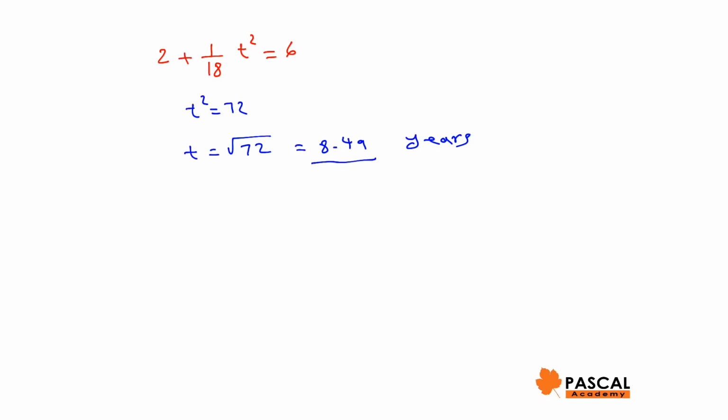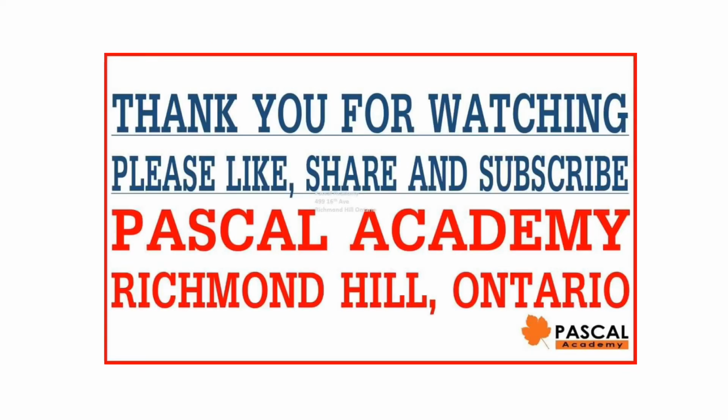At this time, the population is going to be the same as when it was at t equals 6. The question asks at what time. The answer is 8.49. If it asks after how many years, then the answer would be 2.49. Thanks for watching.